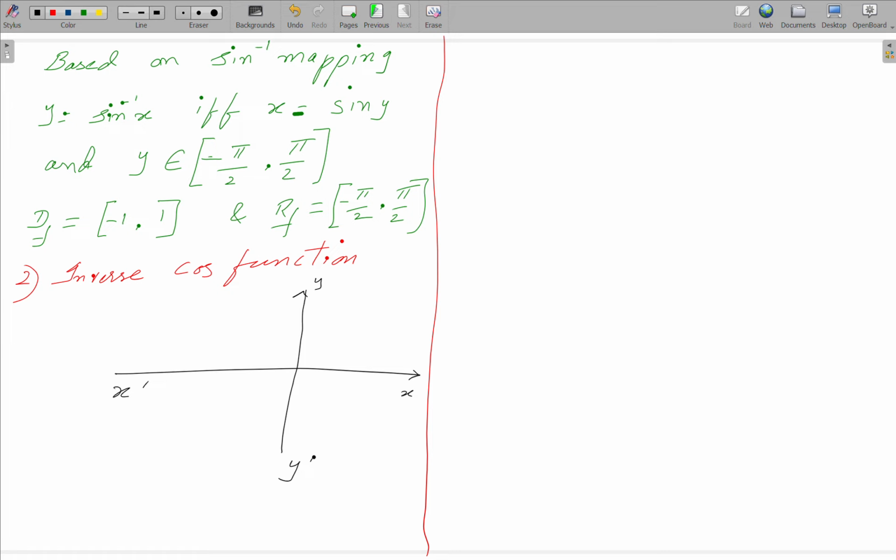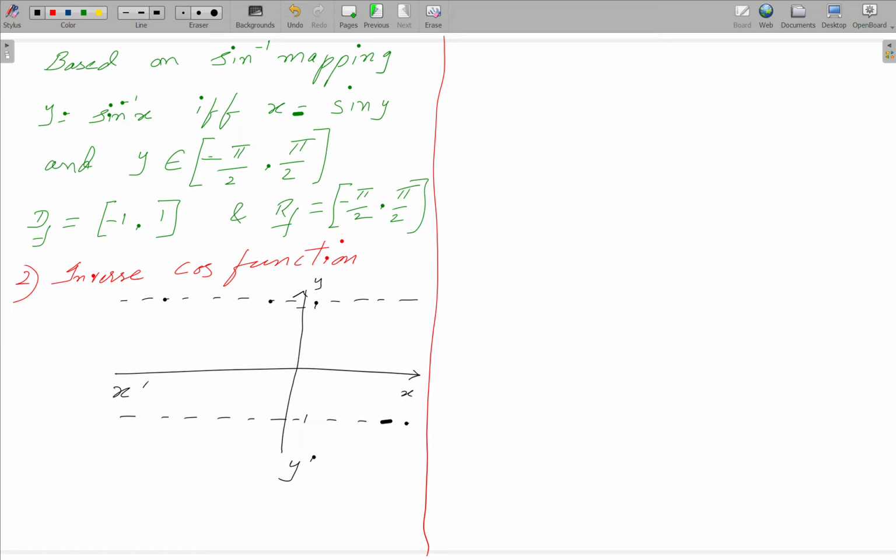Now putting the values of cos x in a graphical representation, the values lie between +1 to -1. So this is +1, this is -1.